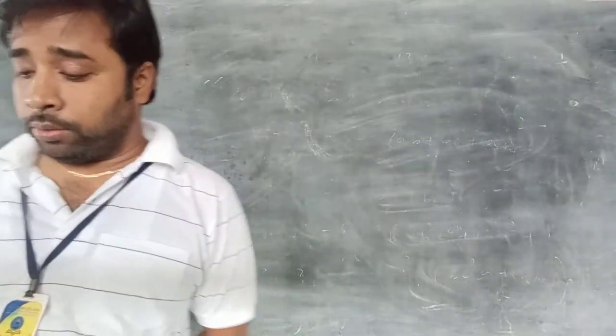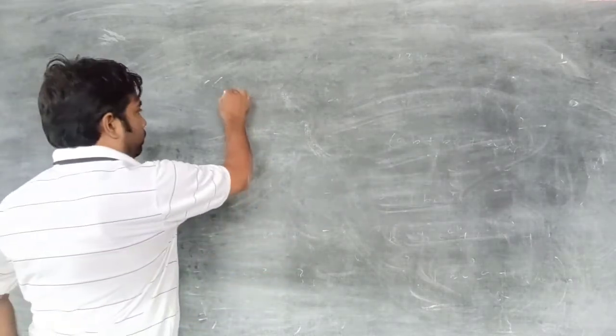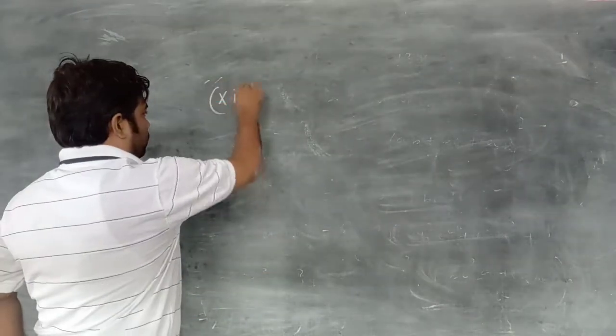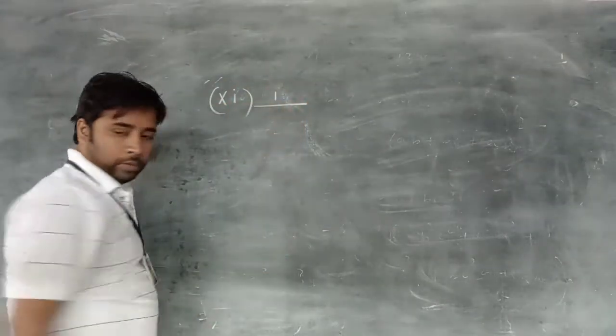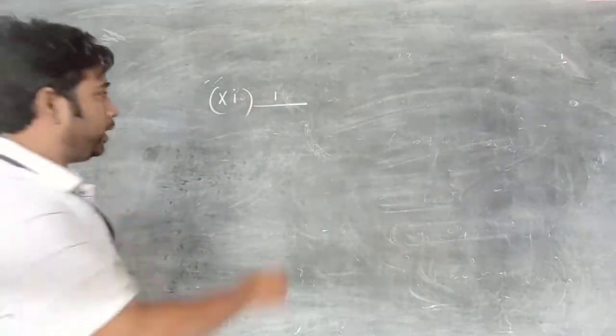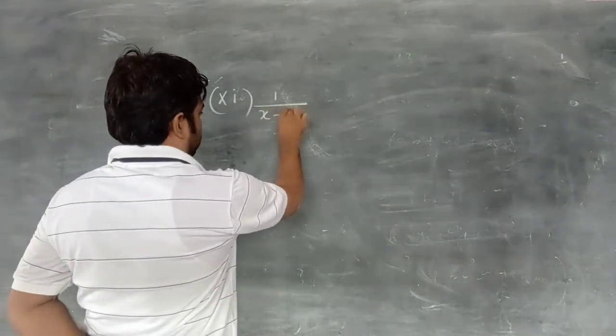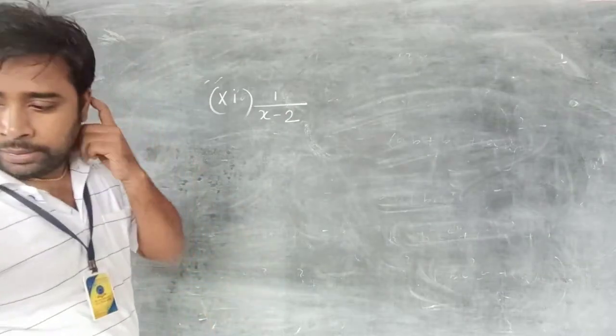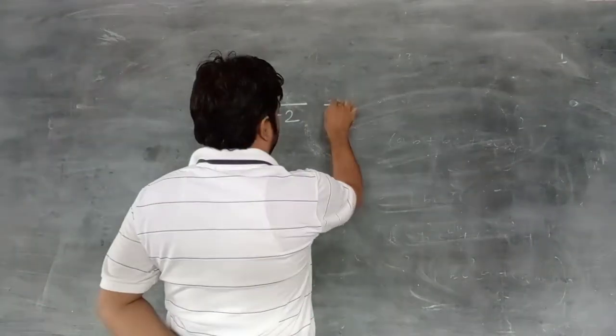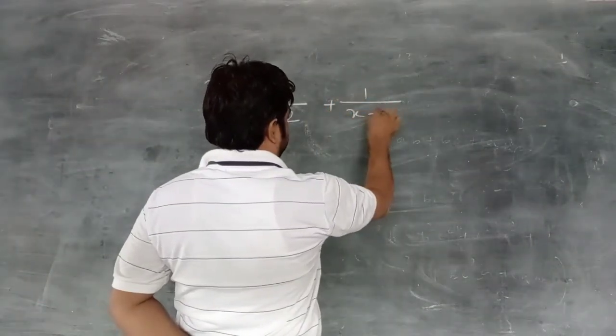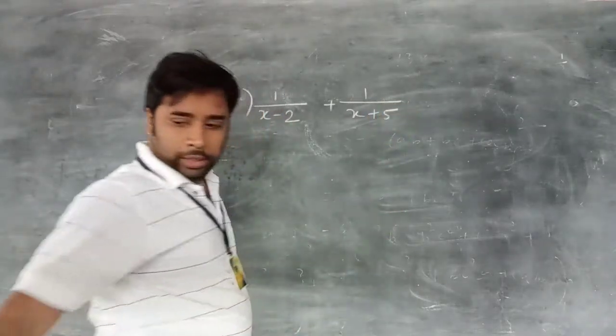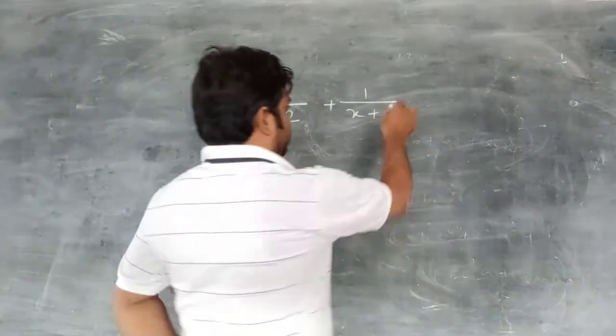You see the question. What is the question here? 1 by x minus 2 plus 1 by x plus 5 equal to 1 by x minus 6.